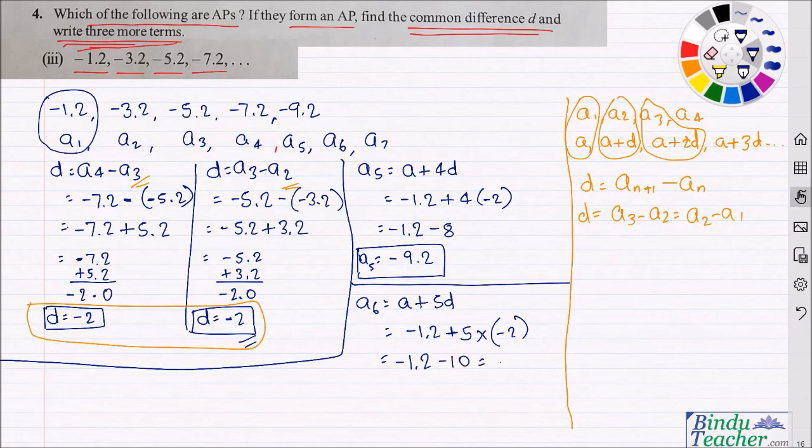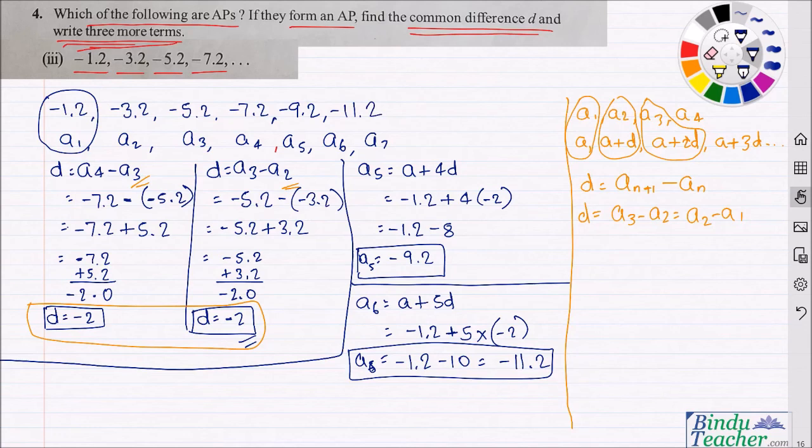We get the answer minus 11.2. So the value of A of 6 is minus 11.2.